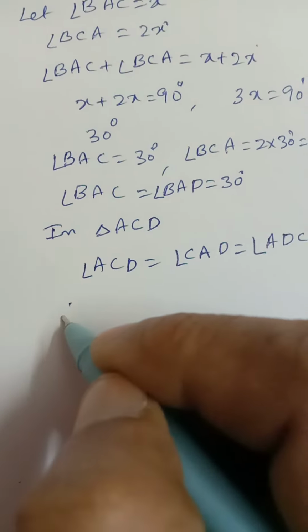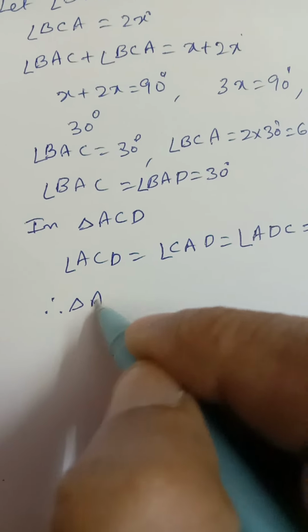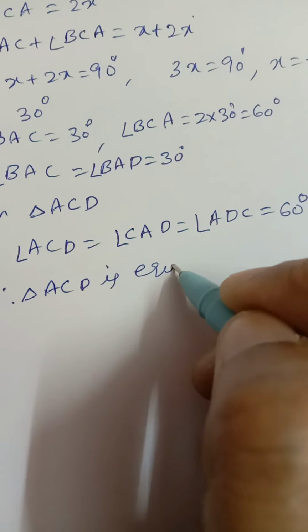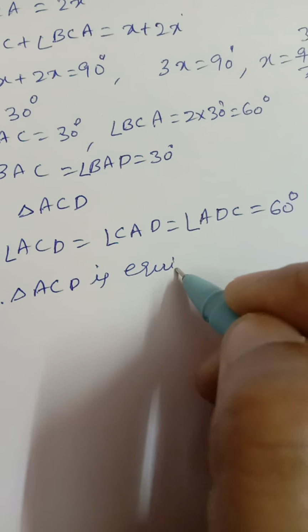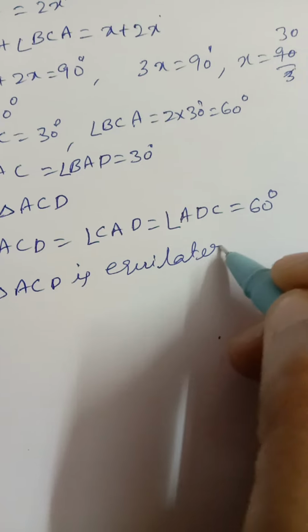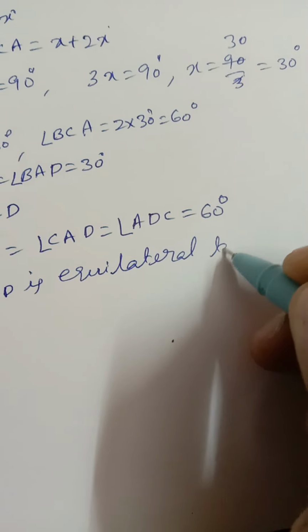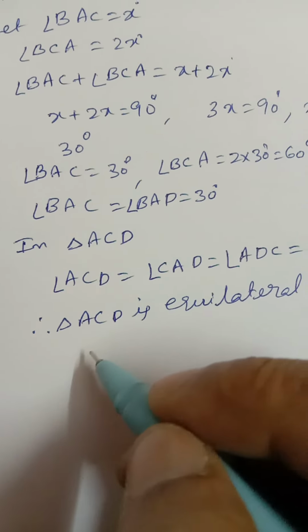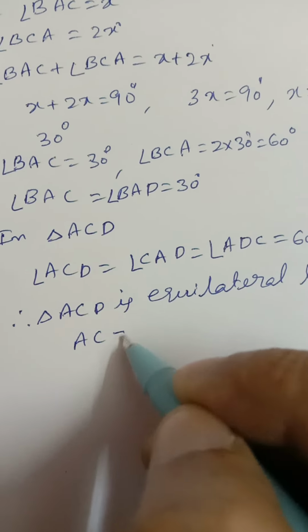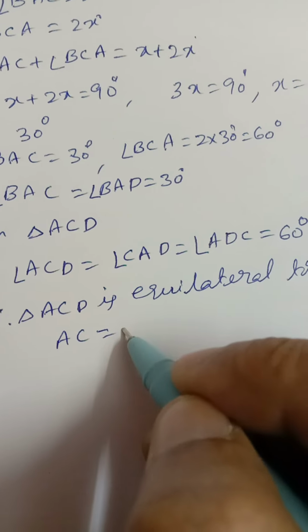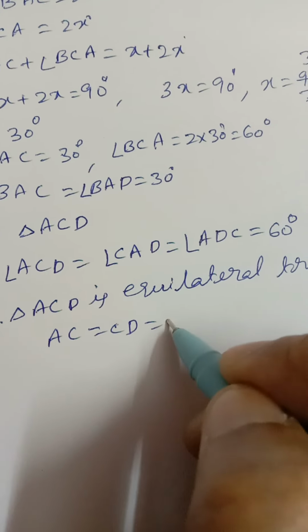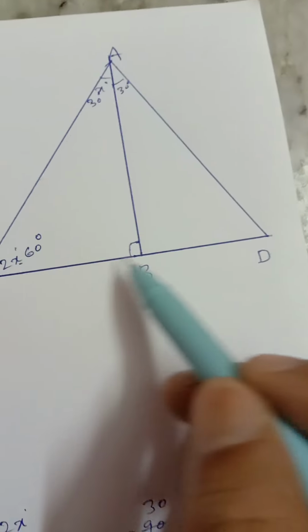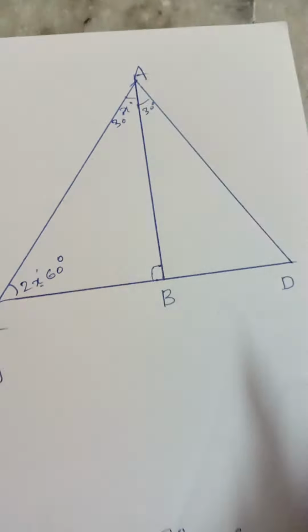Therefore triangle ACD is an equilateral triangle. Therefore AC is equal to CD is equal to AD.